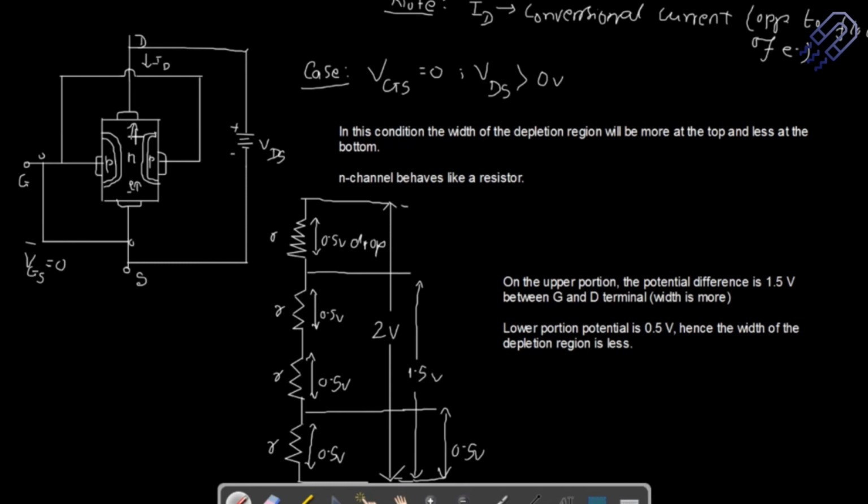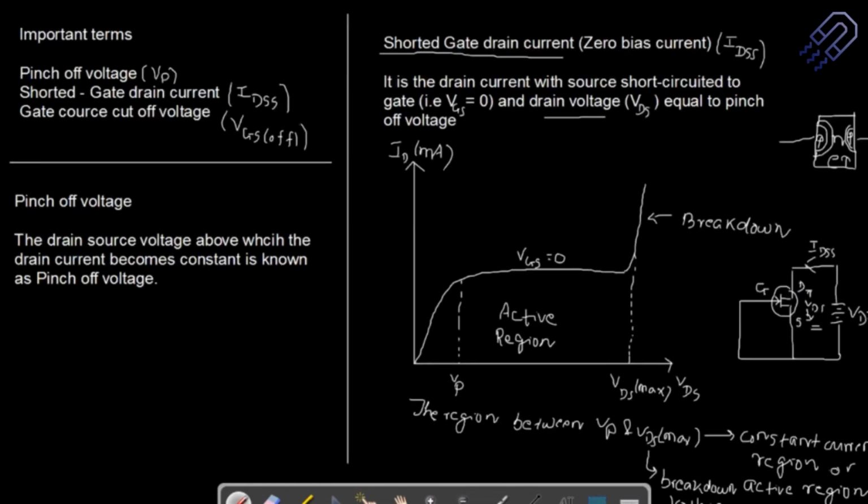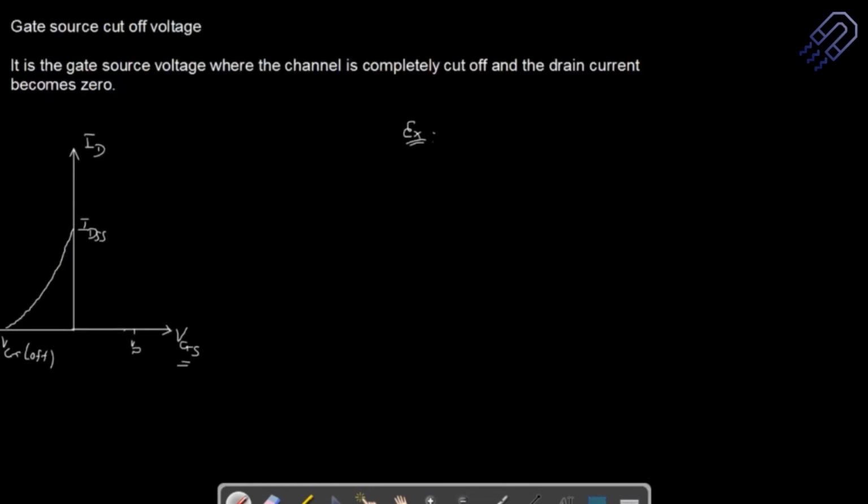This is important to understand when we talk about the gate source cutoff voltage. Before that, we can take an example, and I will draw this figure, and from it we can solve one numerical problem.